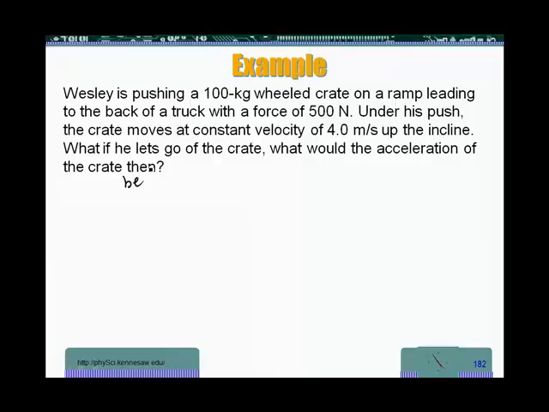Okay, now we know what our net force is, 500 newtons down the incline. What's interesting, think what's going to happen when he lets go of the crate.